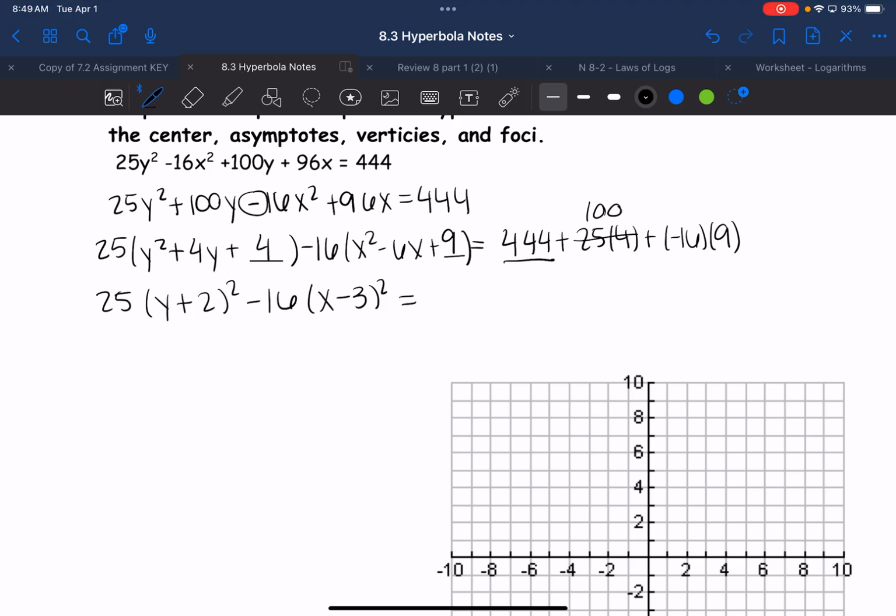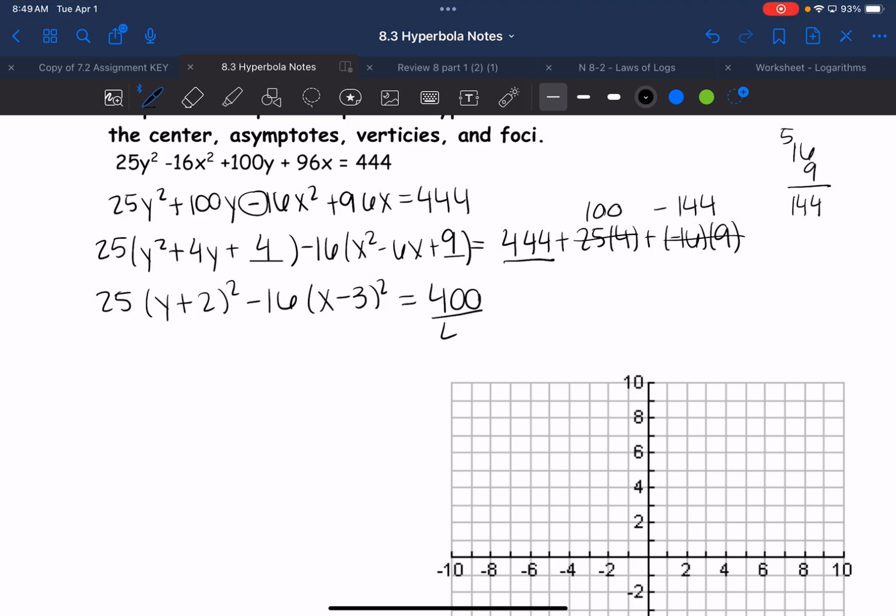And then what is 16 times 9? We can do it without a calculator. That'd be, okay. All right. So minus 144. So what's 544 minus 144? 400. So this all equals 400. All right, but we want it to all equal what? 1. So what are we going to do?